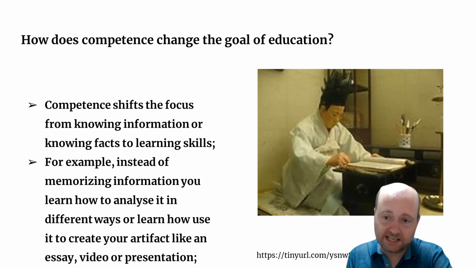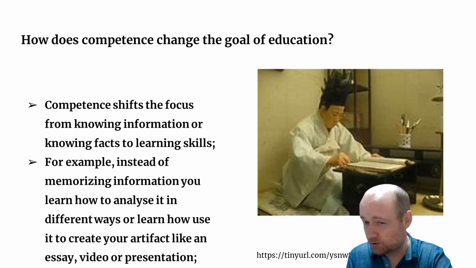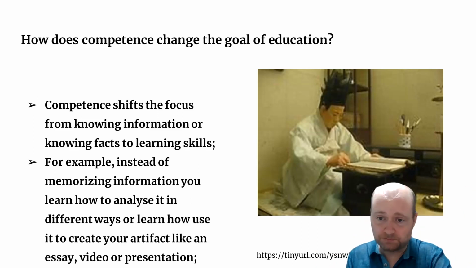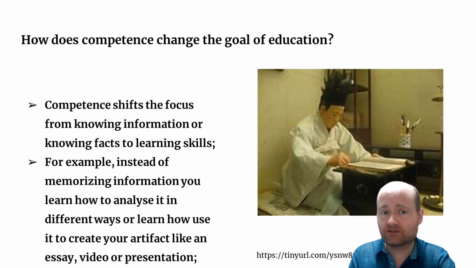Okay, so it could be an essay, as we will do in this course, or a presentation, as we will do in this course, or maybe anything like a video on YouTube. So this is the useful skill now. It's how to do that thing, how to create. So you're becoming a creator in the modern age.